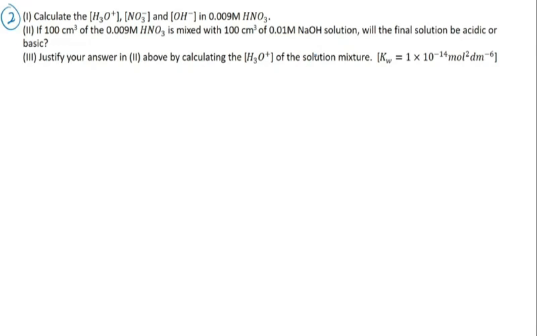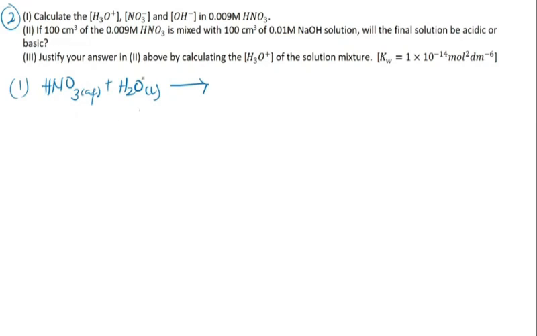Alright, so let's have a look at the first part of the question. We have to find the H3O+ hydronium ion concentration if nitric acid dissociates in water. So we have HNO3 aqueous plus water, which is liquid.